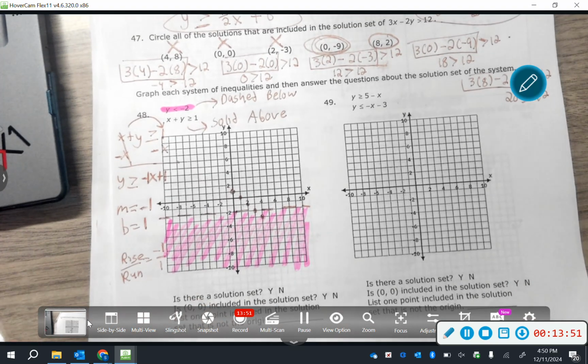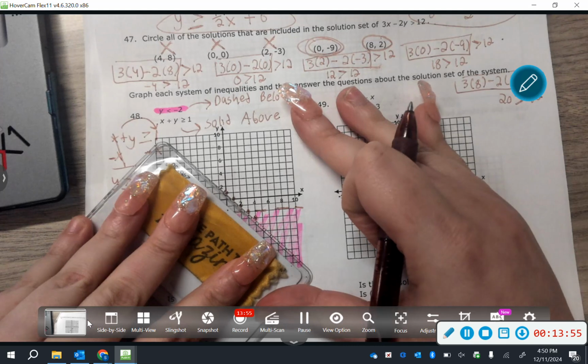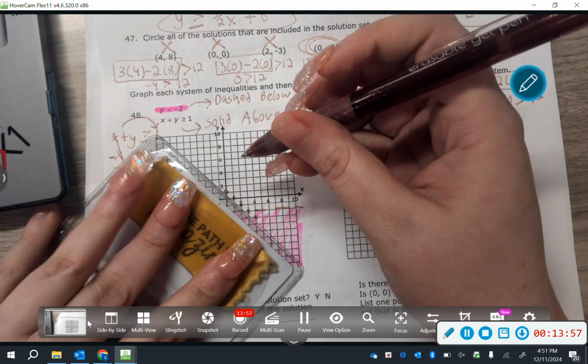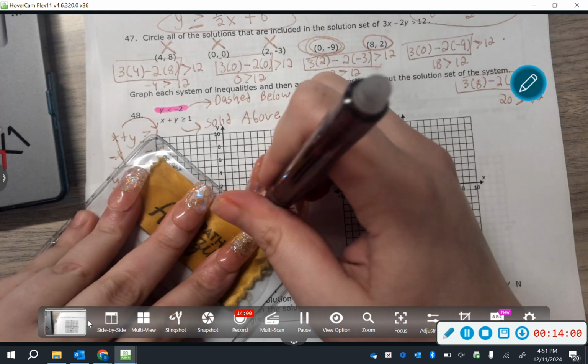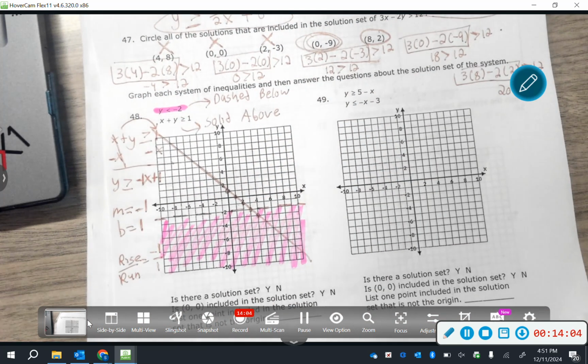I'm going to go ahead and take my badge to use it here. We are making a solid line. Let me try as best I can to get it in there. And we said we're going to shade above that line.